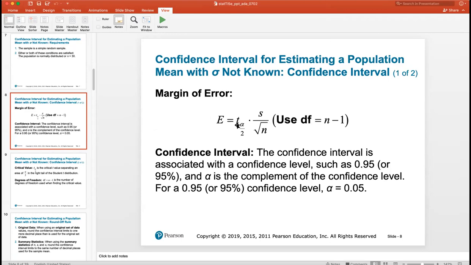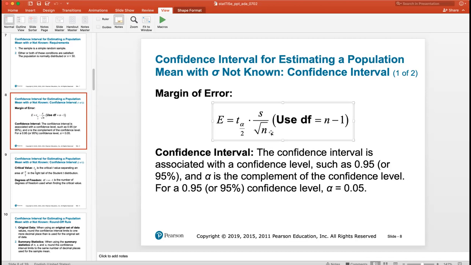So t sub alpha over 2, like z sub alpha over 2, is the number on the borderline separating significantly low and significantly high values of the population mean. Here df is the degrees of freedom, defined by n minus 1. s is the sample standard deviation, and n is the sample size.